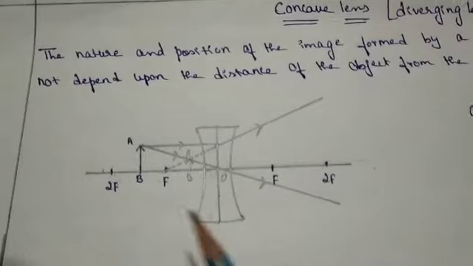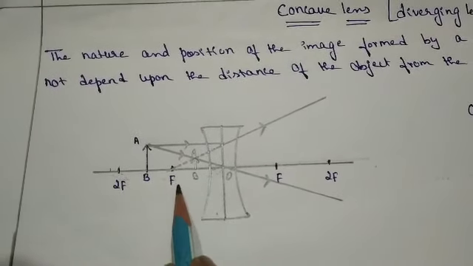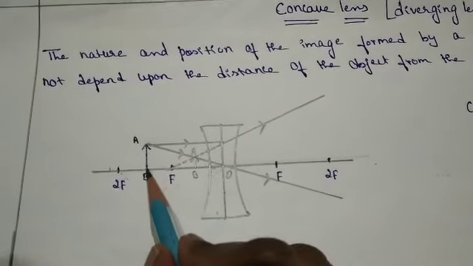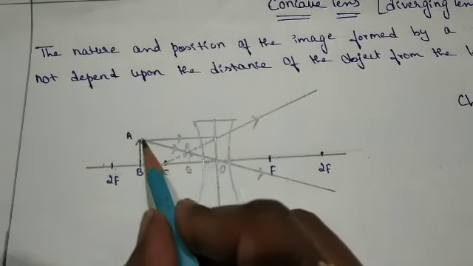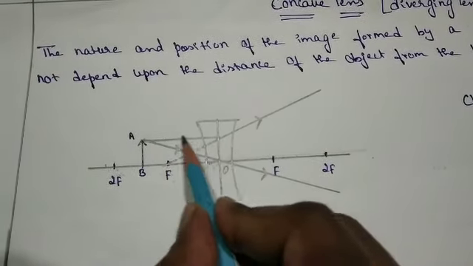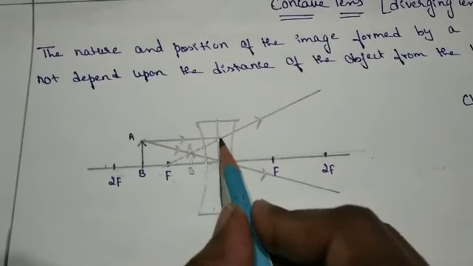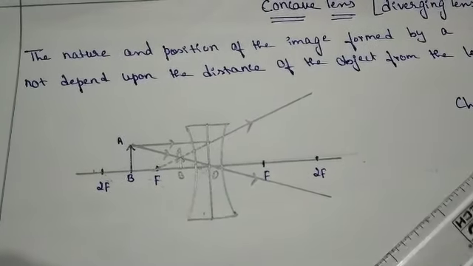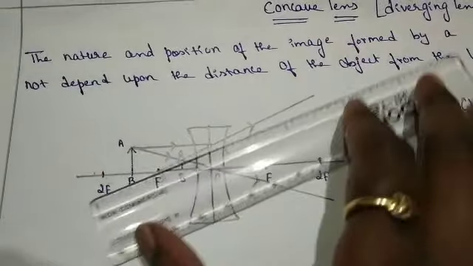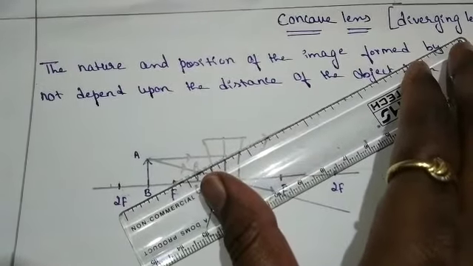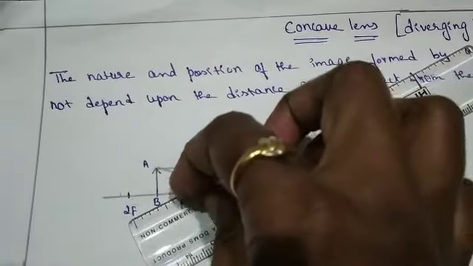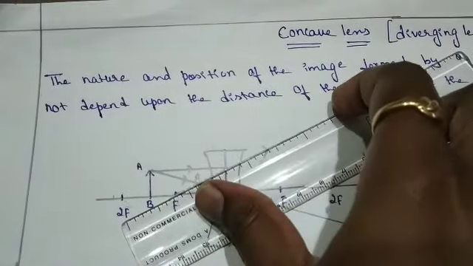Observe here, children, the object is placed in between F and 2F, drawn with the pen. One ray is incident parallel to the principal axis. We know that it appears to meet at the focus, right? After drawing parallel to the principal axis, you just keep the scale like this, it appears to meet at the focus, then you can extend it.